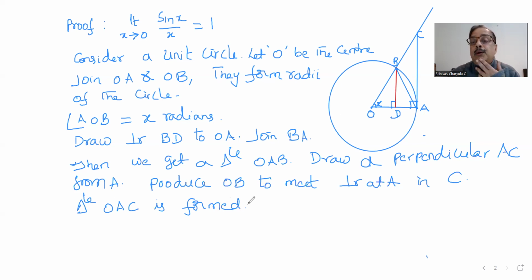Now there are two triangles, one is OAB and another is triangle OAC, and then, if you carefully observe, there is a sector OAB in the circle.